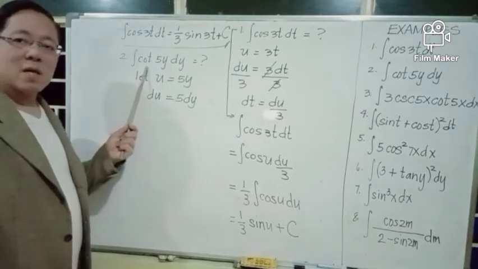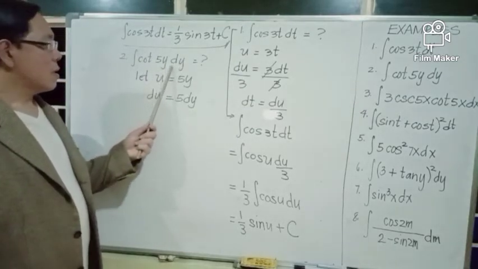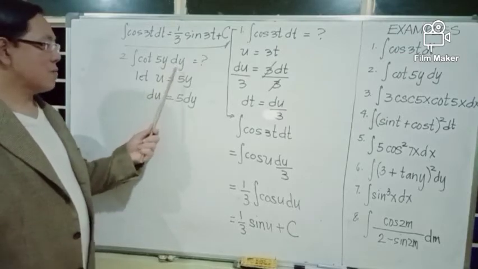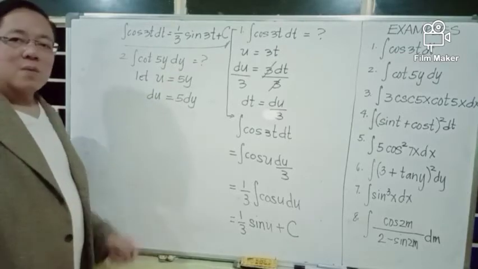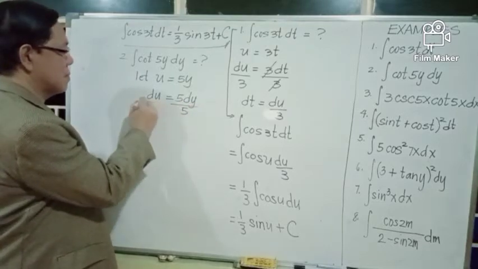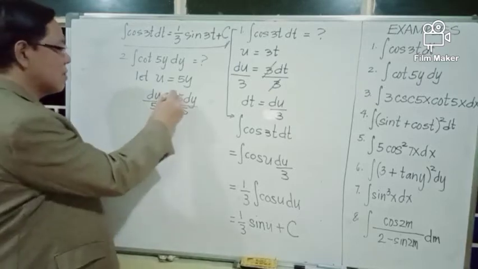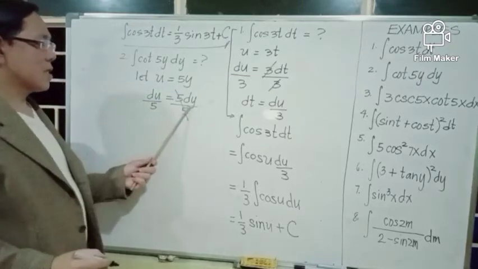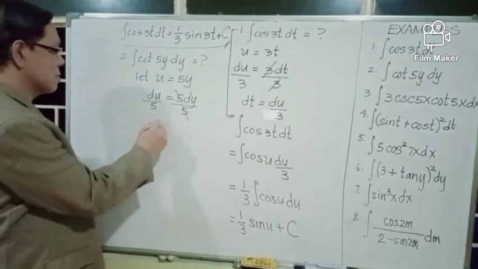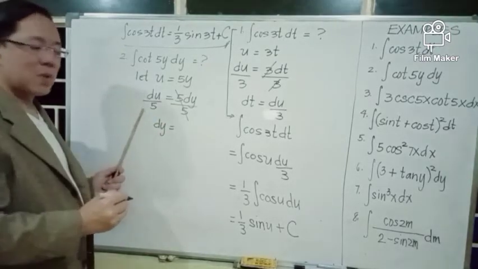In the given integral, we will replace 5y with u, and we solve for dy from this equation by dividing both sides by 5. The 5 will cancel out from the right hand side. We get dy equals du over 5.